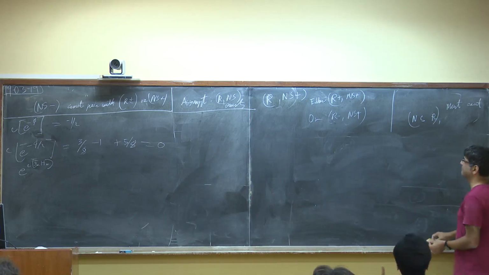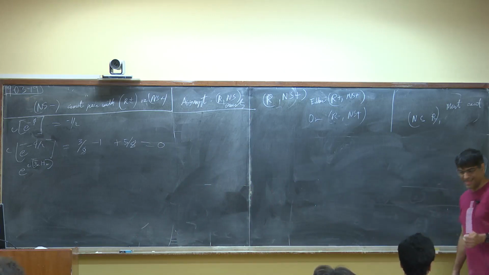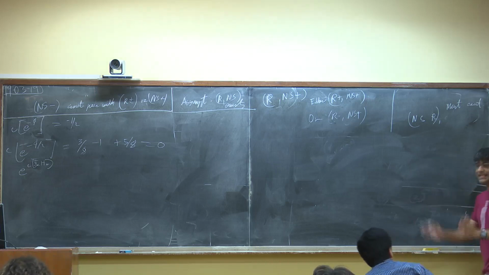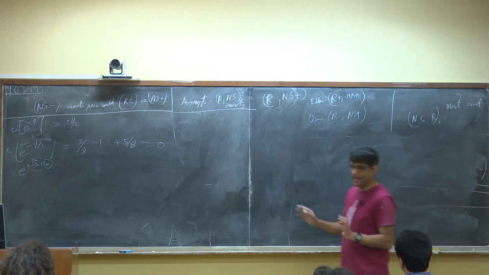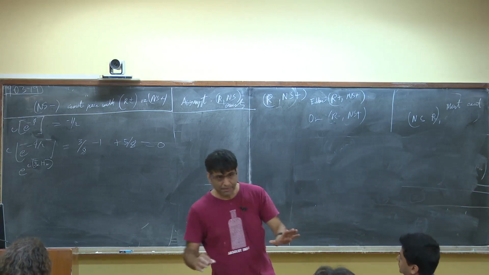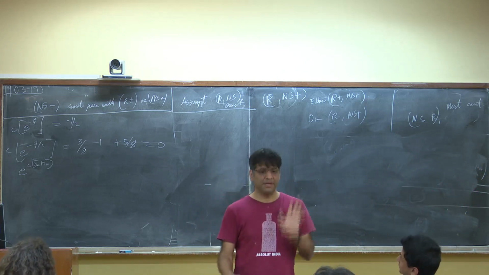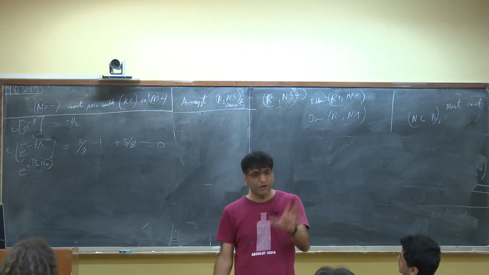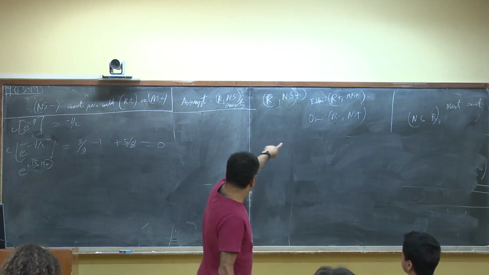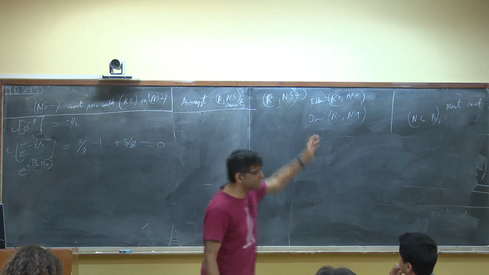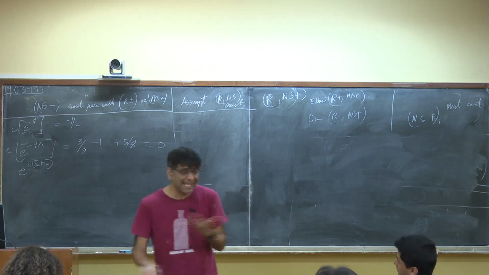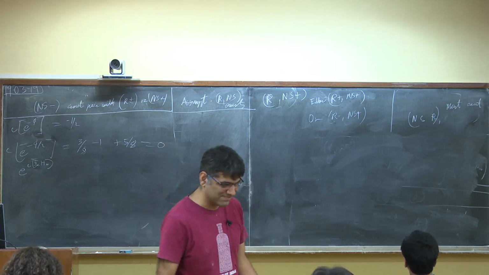Exactly. See, we know that there is at least one R sector on the right. That R sector could have been RR or could have been NSR. Suppose it had been RR. Then take the OPE of the RR with this RNS. That anyway gives you an NSR. So from either case, we know that there is an NSR.